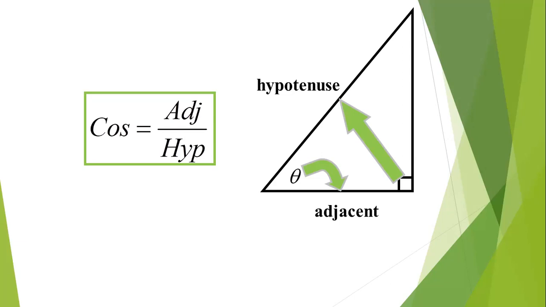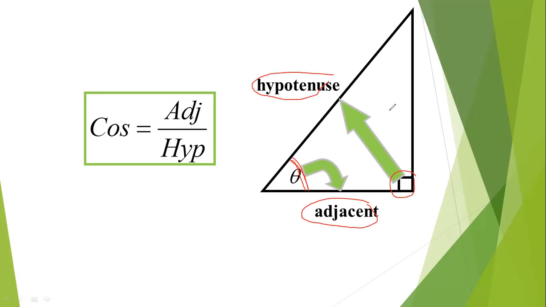Online, with regards to the unknown angle theta, if this is your theta, then the adjacent side is this one, and the hypotenuse is always opposite to the 90 degrees.